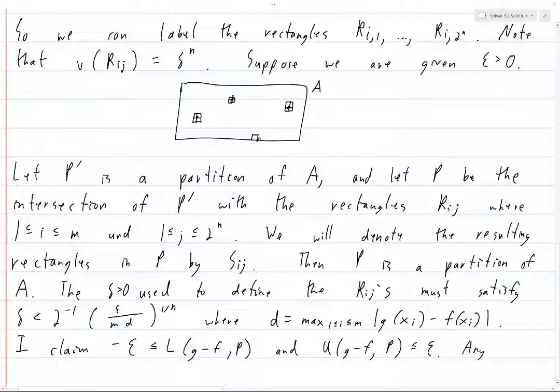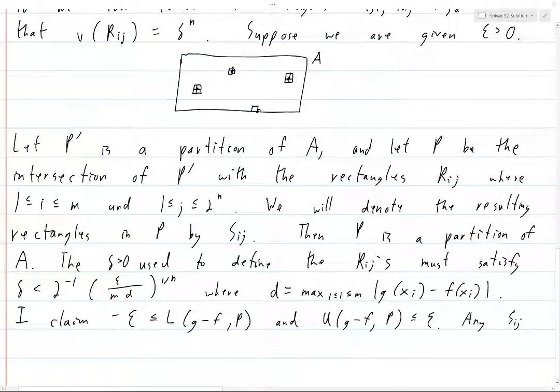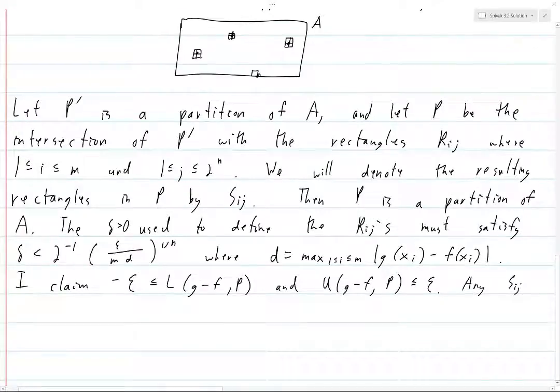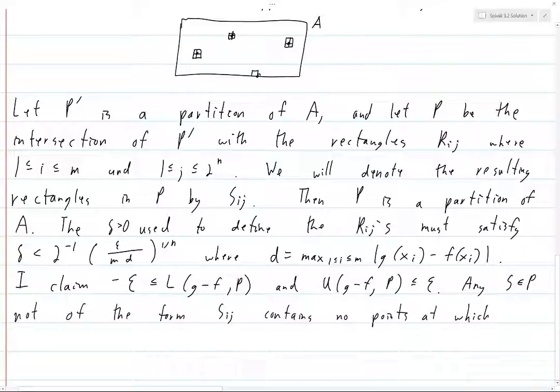Any rectangle S in the partition P which is not of the form Sij for any i and j contains no points at which g is not equal to f.